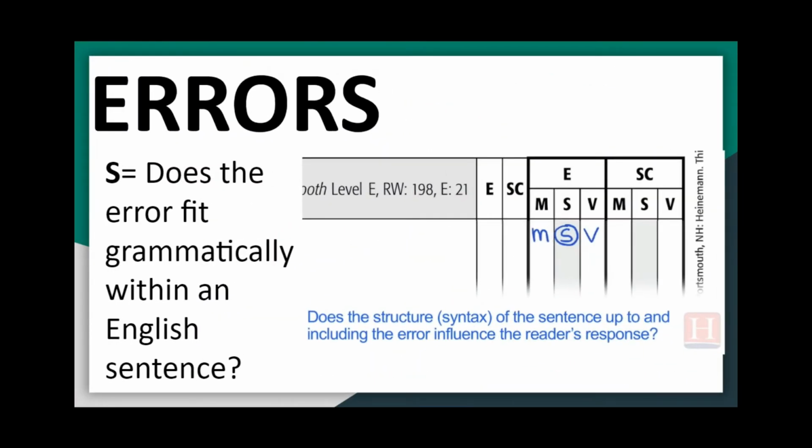When it comes to looking at errors regarding syntax, we want to ask ourselves, does the structure or syntax of the sentence up to and including the error influence the reader's response? Looking at the grammar, does the error fit grammatically within that English sentence?